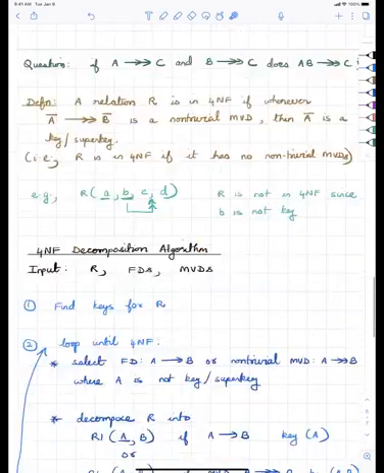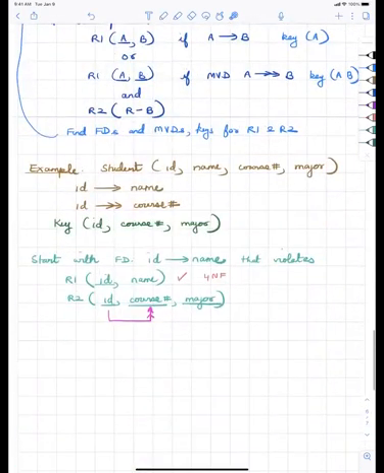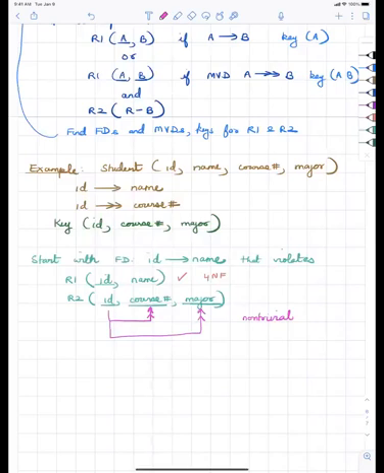So by that rule, ID multi-value determines course, which means that ID will also multi-value determine major. And this is a non-trivial multi-value dependency because ID is not a key. So this one is not in fourth normal form, so we have to divide it.